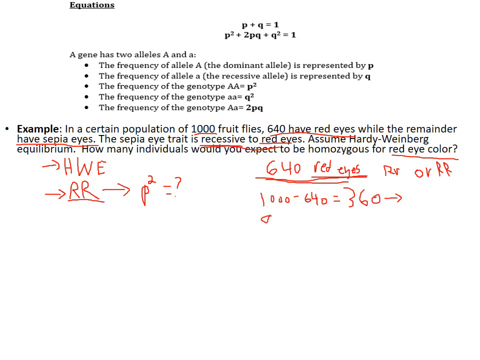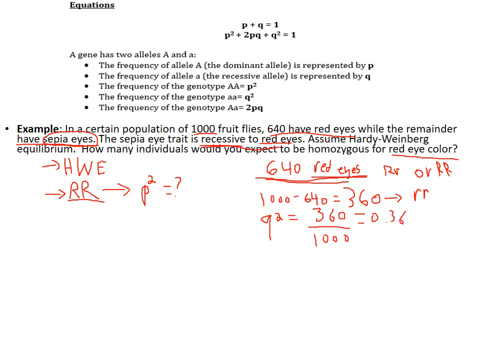Remember that Q squared is the frequency of the homozygous recessive individuals. So we have 360 homozygous recessive individuals. I know that because it says here that the remainder have the recessive characteristic. And I can do divided by 1,000 total individuals. And that gives me 0.36.